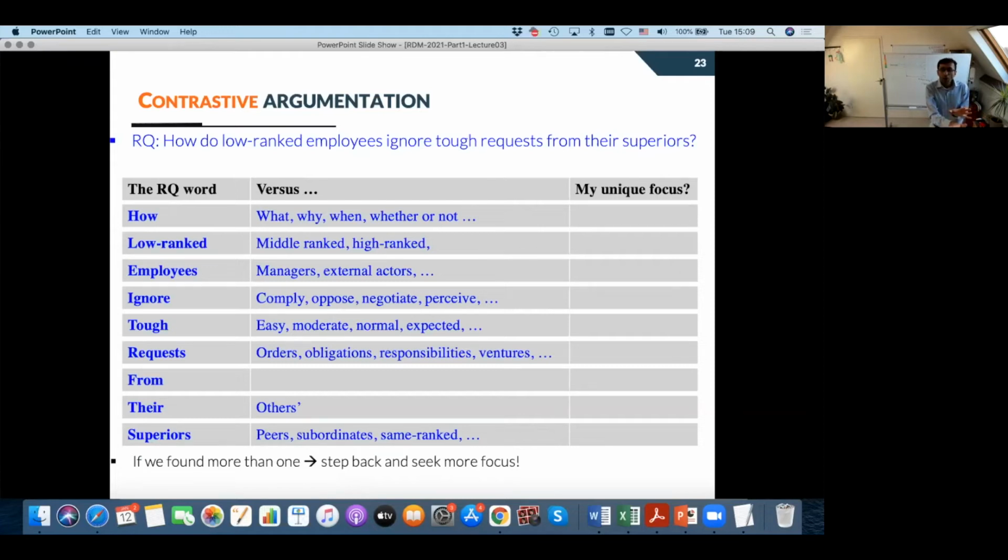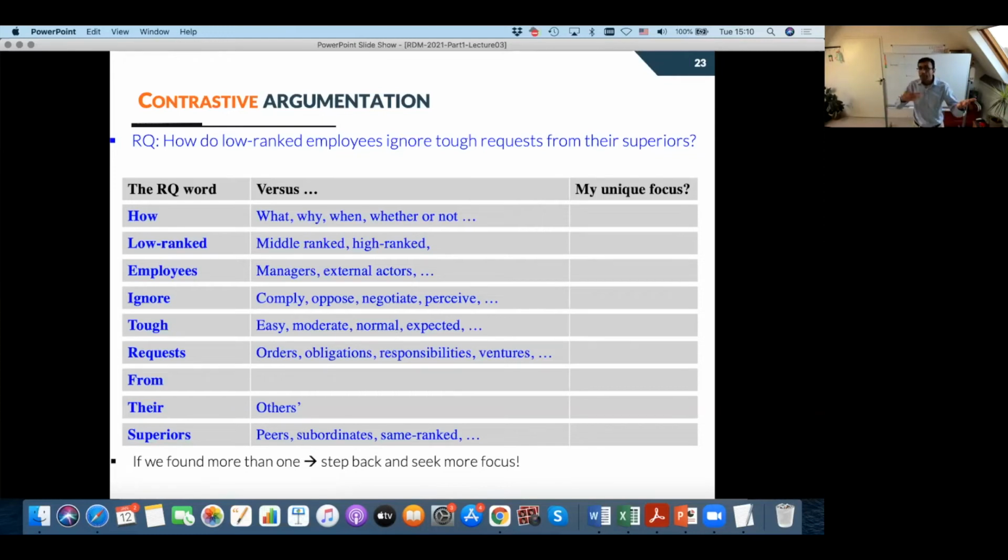If people already talked about how, but they haven't talked about when, then it might be interesting to focus on the when. If they already talked about employees, but not about managers. If they already talked about tough tasks and demands, but haven't talked about, for instance, unexpected tasks.